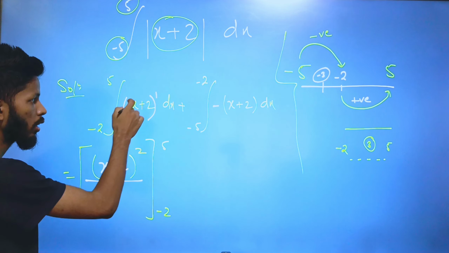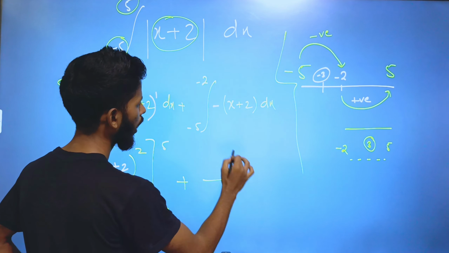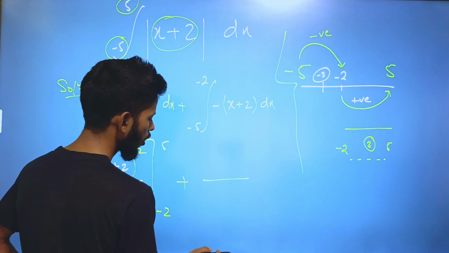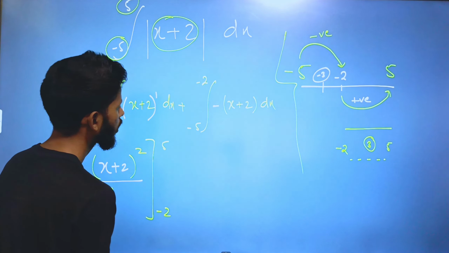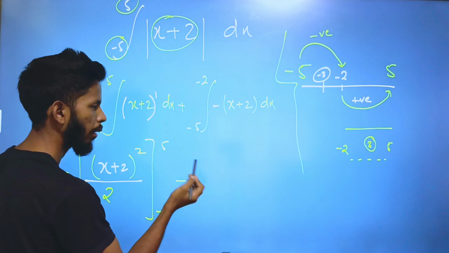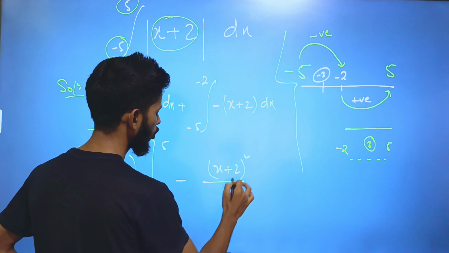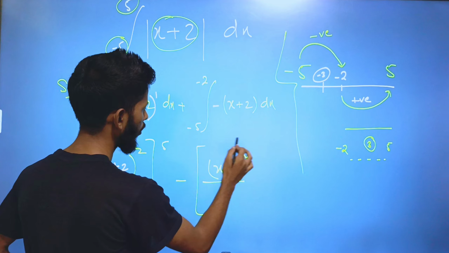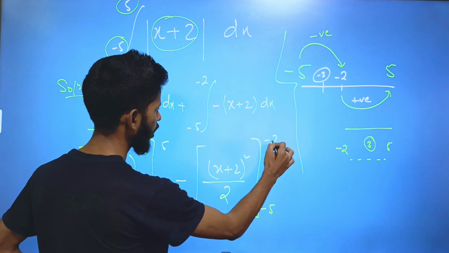For the other function, let's check again. Before integrating we have to fix the sign. This is plus, this is minus, so we will have minus obviously, and after integrating it will have x plus 2 to the power 2 by 2, and our limits will be minus 5 to minus 2.